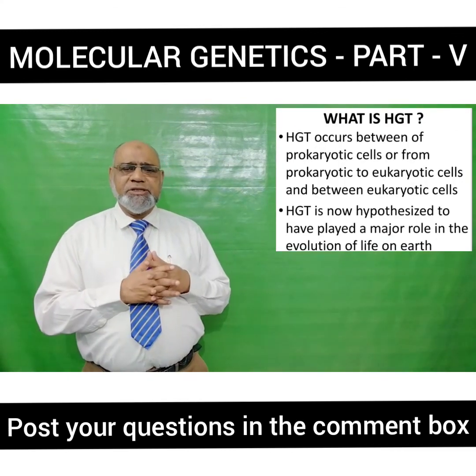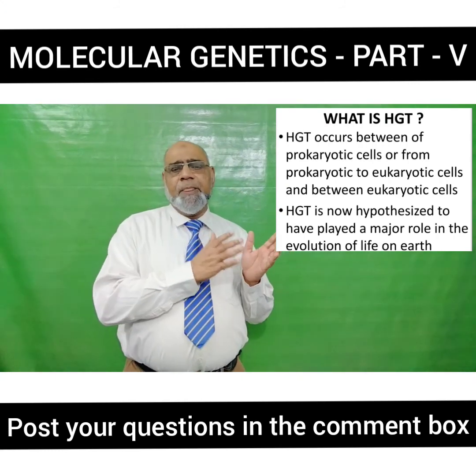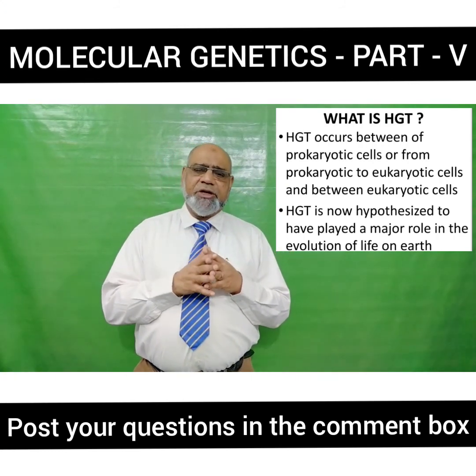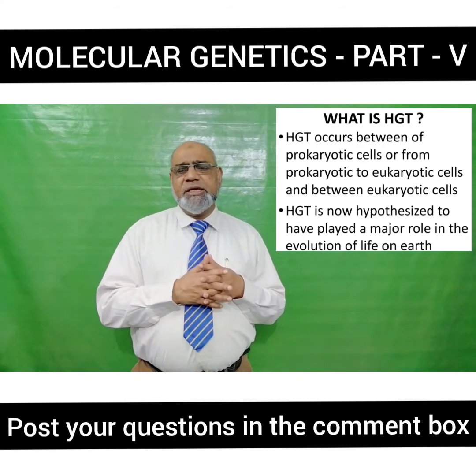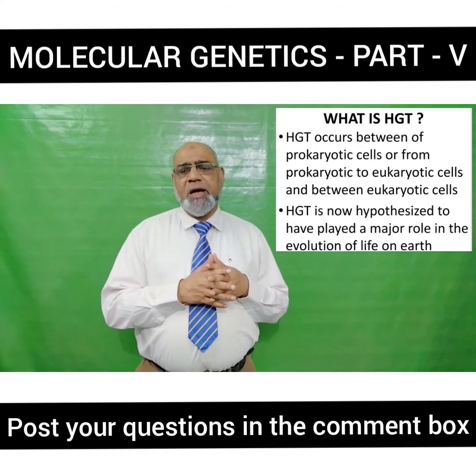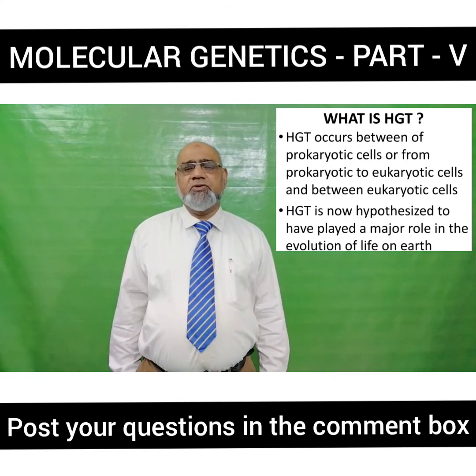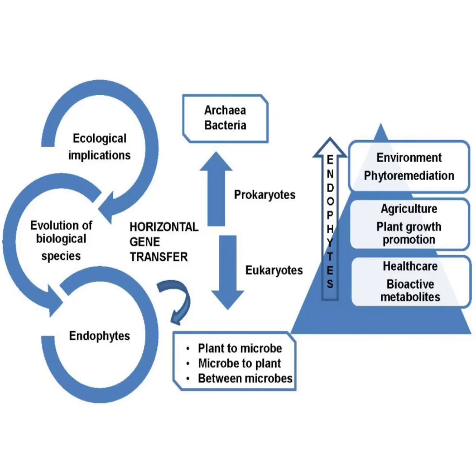What is horizontal gene transfer? It occurs between prokaryotic cells, from prokaryotic to eukaryotic cells, and between eukaryotic cells. HGT is hypothesized to have played a major role in the evolution of life on Earth. Here in this image you can see that horizontal gene transfer would have occurred from prokaryotes to archaebacteria, prokaryotes to eukaryotes, from plants to microbes to plants, and between microbes.